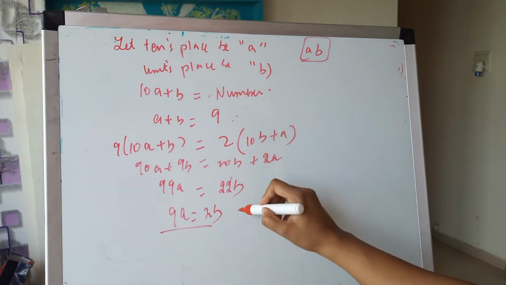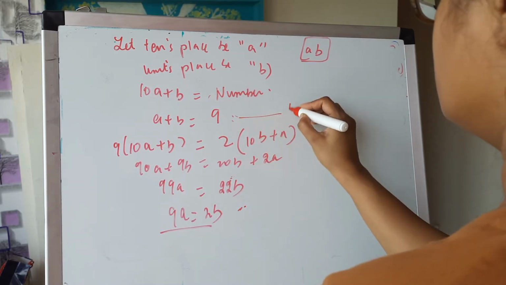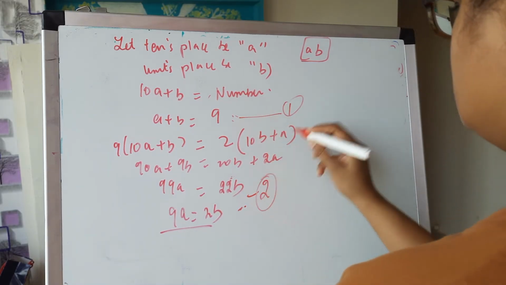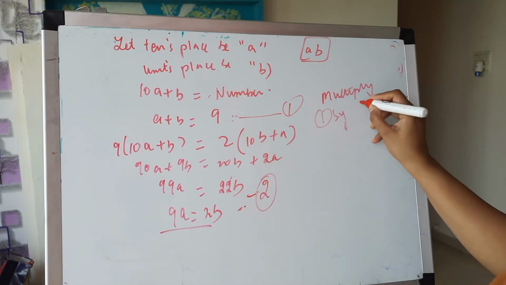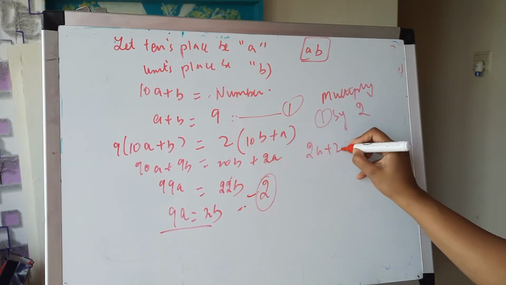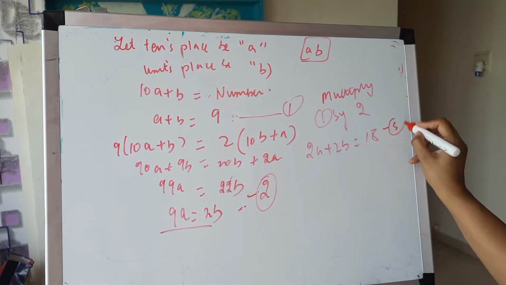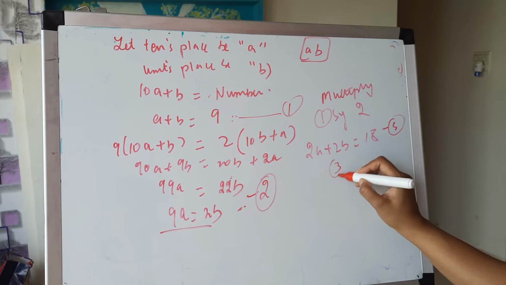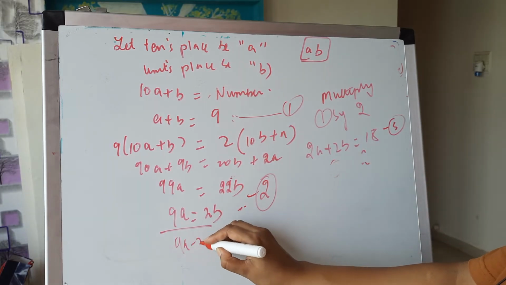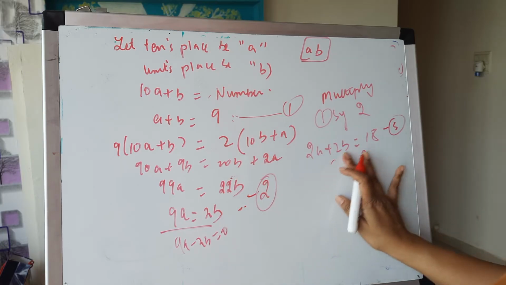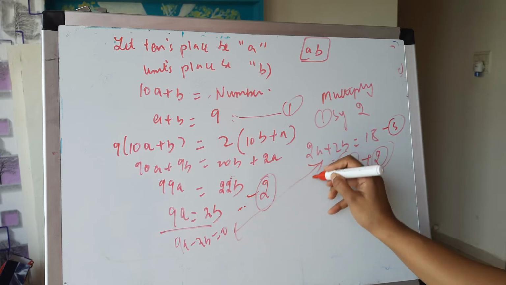So in elimination method, what we do is, basically this is what. So you have to add. We add these two.